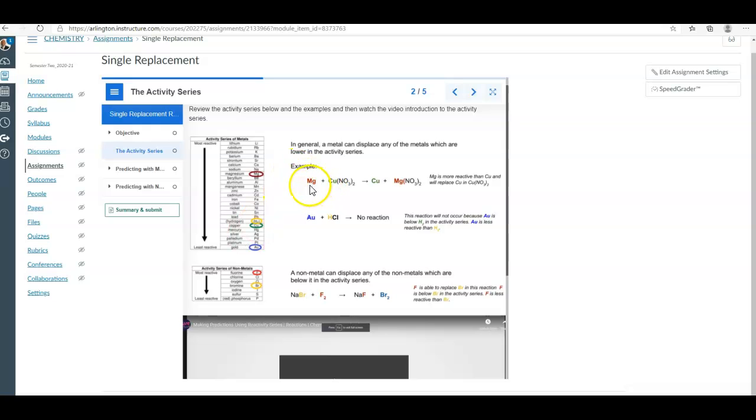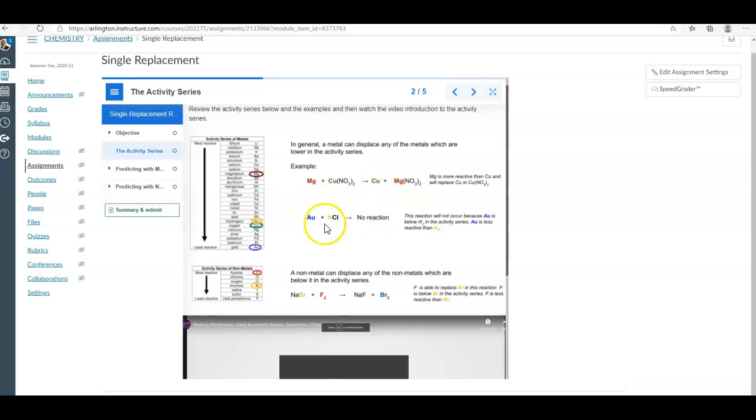An example here is magnesium and copper nitrate. Magnesium is more reactive than copper because magnesium is on top and copper is at the bottom. So magnesium will replace copper to give you magnesium nitrate and copper element.